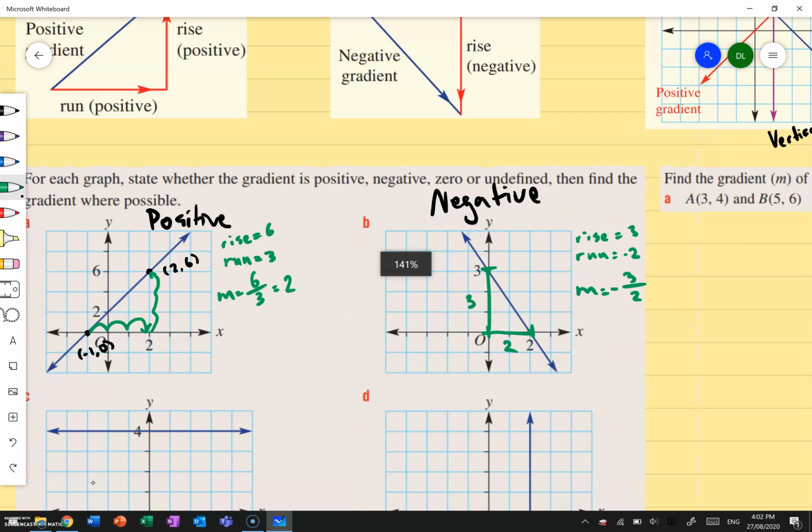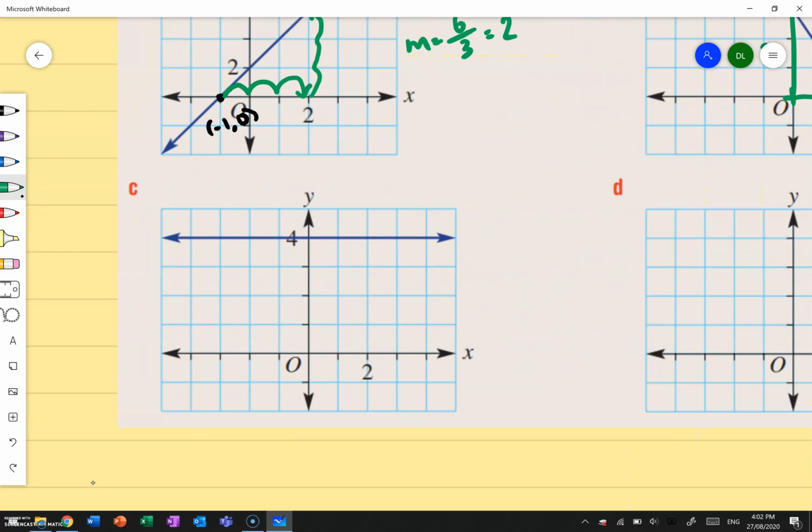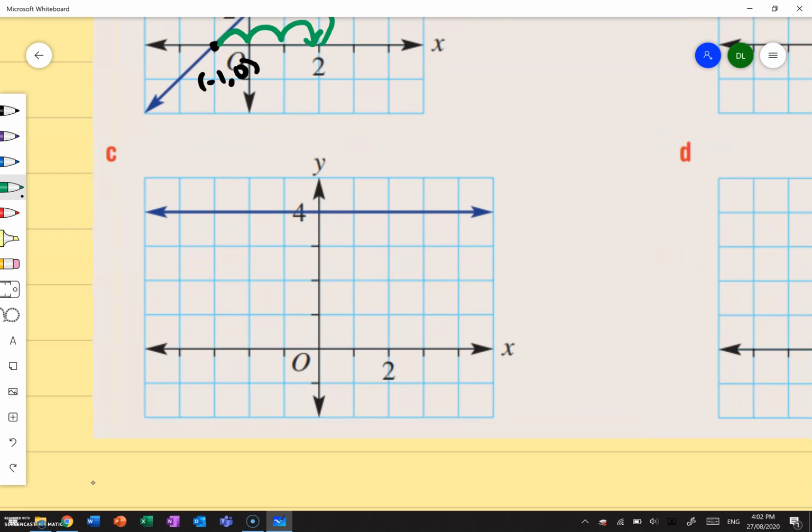Okay. Now, what happens if we have a completely horizontal line? With a horizontal line, how much have I risen? Well, 0, right? Because my rise is 0. I'm not increasing at all. If I pick this point and this point, let's say, it hasn't gone up by anything. So my rise is still 0.